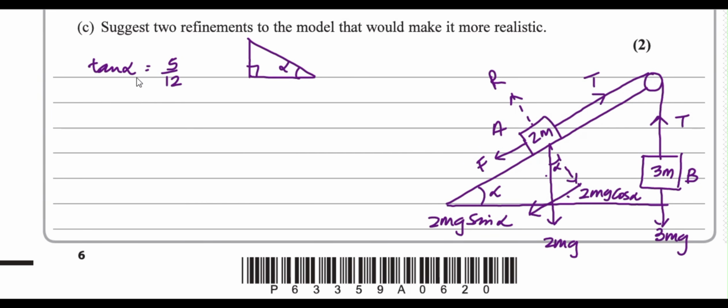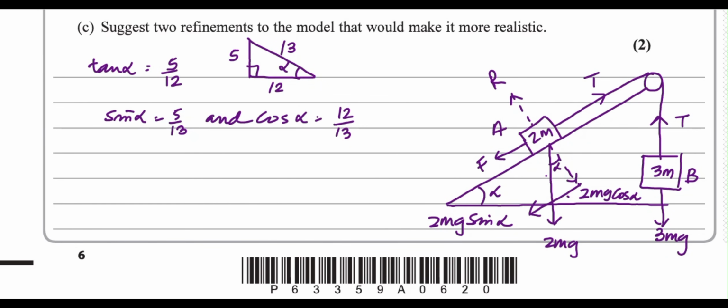Now, if tan alpha is 5/12, that means opposite side over adjacent side is 5 over 12, which means the hypotenuse should be 13. Therefore, sin alpha should be equal to 5 over 13 and cos alpha is equal to 12 over 13. This will come in handy for us in our further calculations in this question.